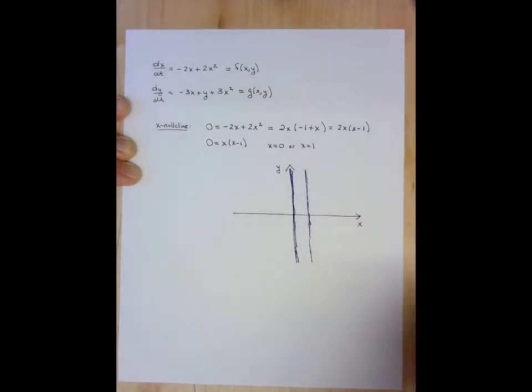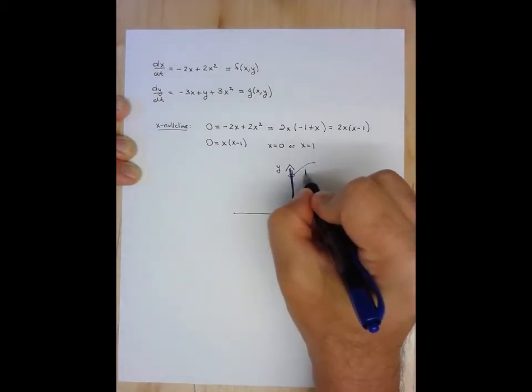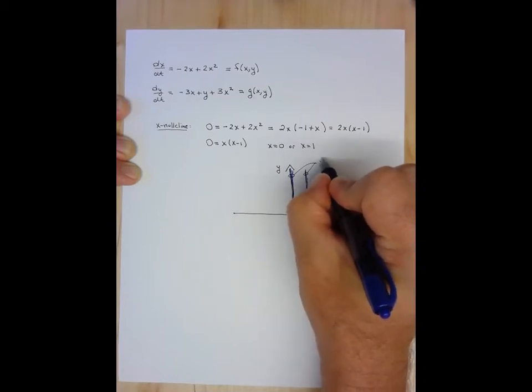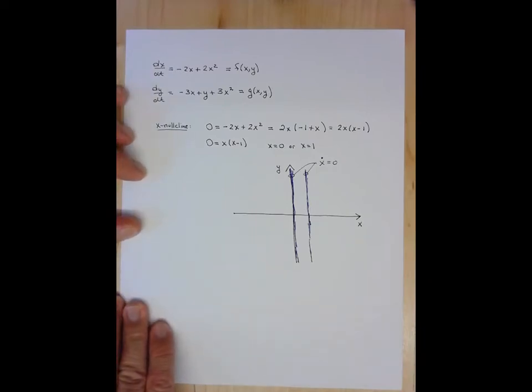So note that the x nullcline in blue here is not contiguous. There's actually two lines where the rate of change of x is going to be equal to 0 on any of the points on either of those two lines.